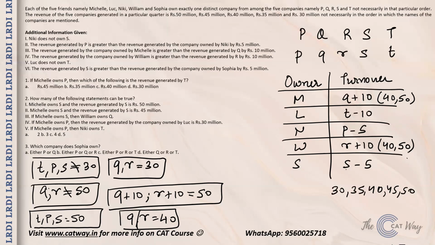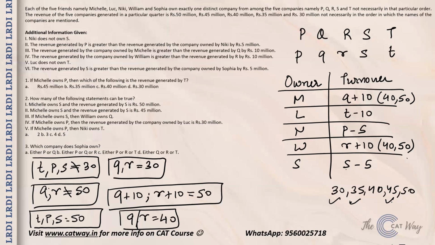Now if you talk about Luke's turnover, Luke's turnover is t minus 10, and the value of t minus 10 is going to be among 30, 35 and 45. Now guys, if t minus 10 becomes 30, that is never possible, because in that case t will become 40, and we know that one among q and r is 40.